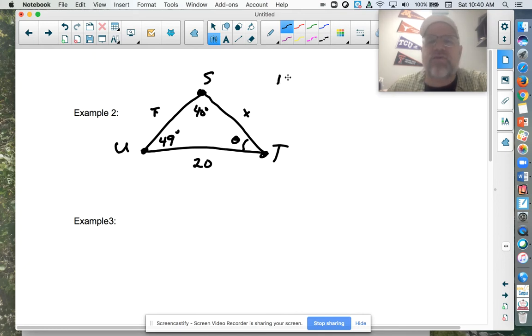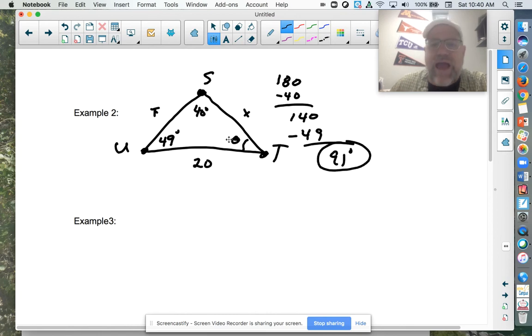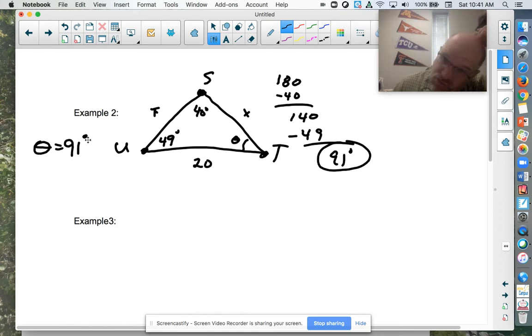So if I know that the 3 angles of a triangle add up to 180, and I know 2 of the angles, well, if you subtract those 2 angles, then what's left over will have to be the third angle. So already we figured out the angle theta has to be 91 degrees. Well, because I subtracted 40 and 49 from 180. And when you did that, you got what's left over, what that angle is. So actually, you have this angle without doing any of this law of sines.